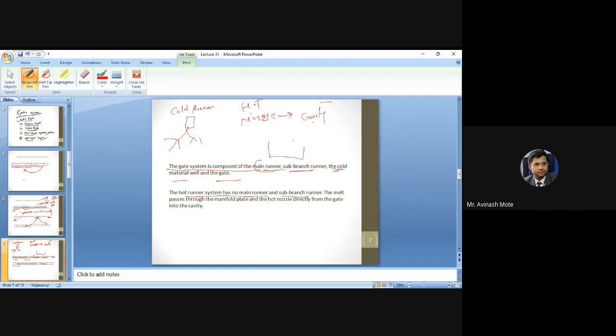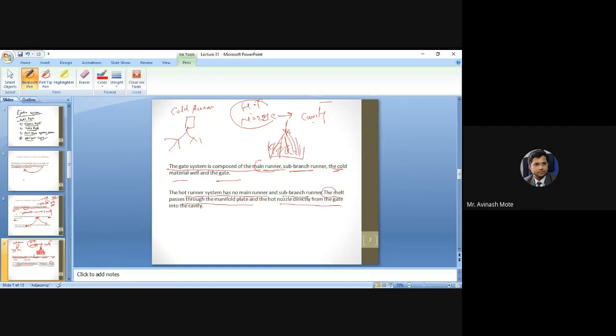Simply, this is the mold cavity, and this is the nozzle. From the nozzle, material will directly fall into the mold cavity. It will directly fill the mold cavity. Are you getting? There is no extra mechanism in between. That happens in case of a hot nozzle. Here it is mentioned: the melt passes through the manifold plate and hot nozzle directly from the gate.